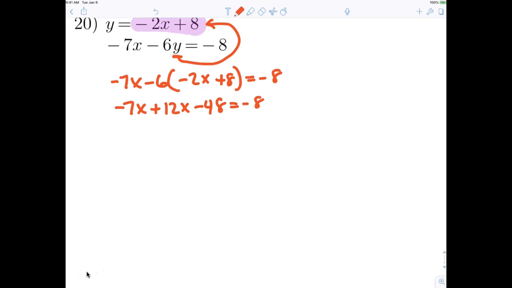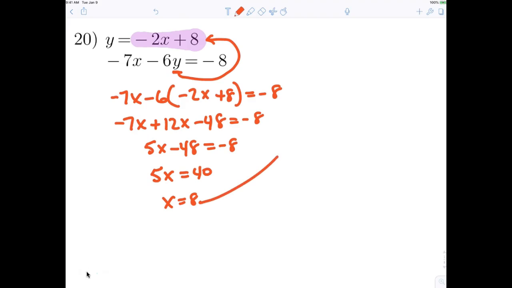So now I have 5x minus 48 equals negative 8. 5x equals 40, so x equals 8. Everybody see that?